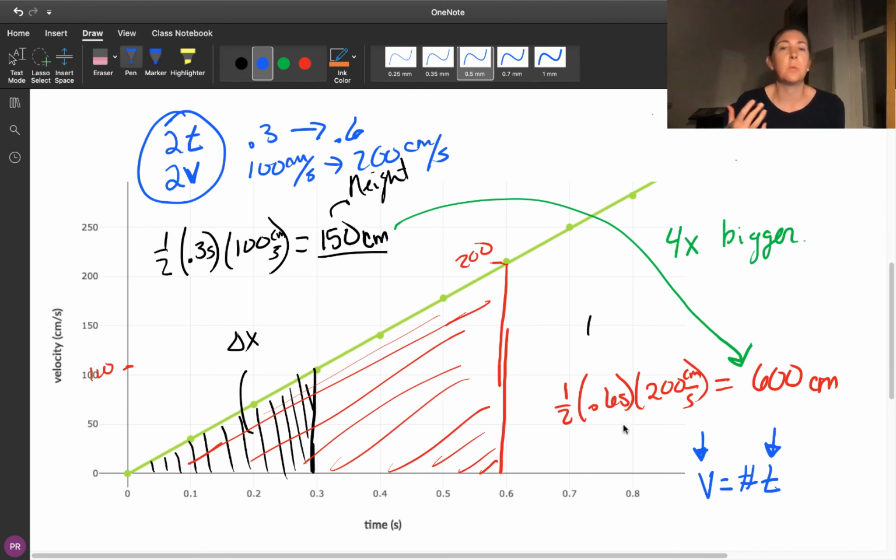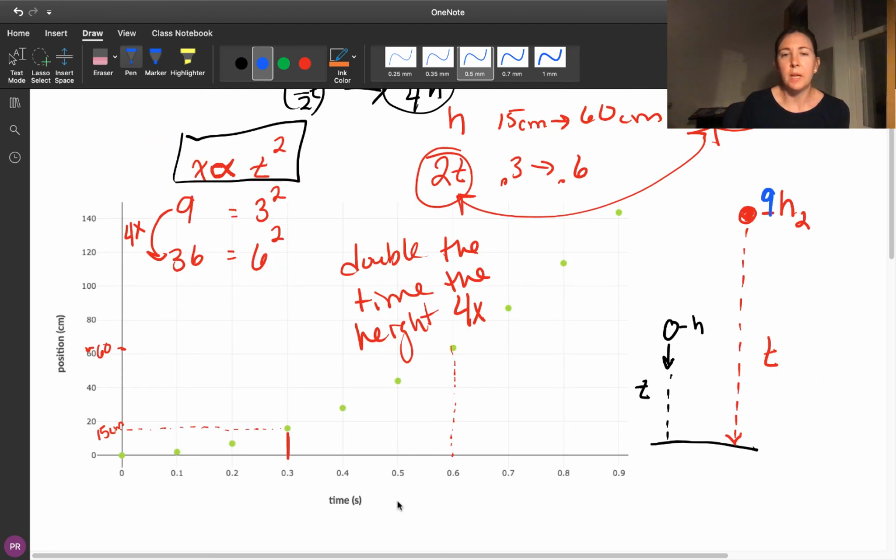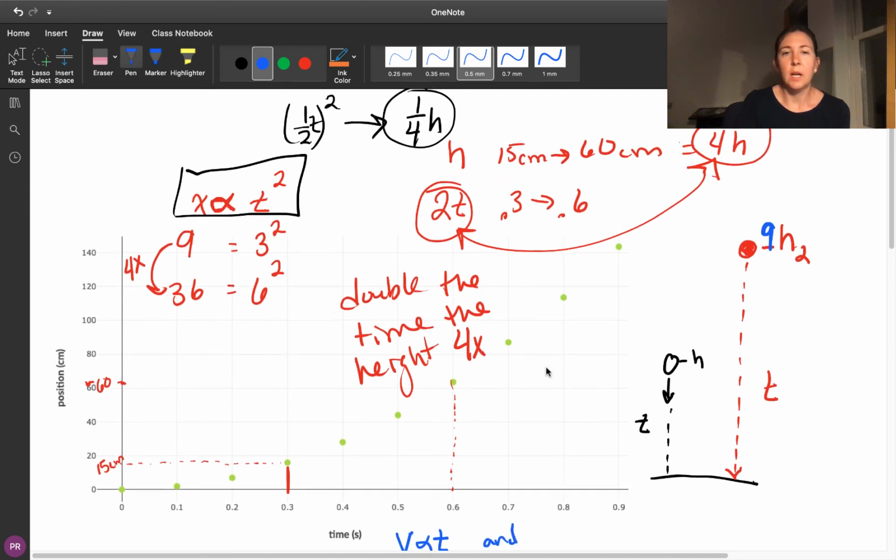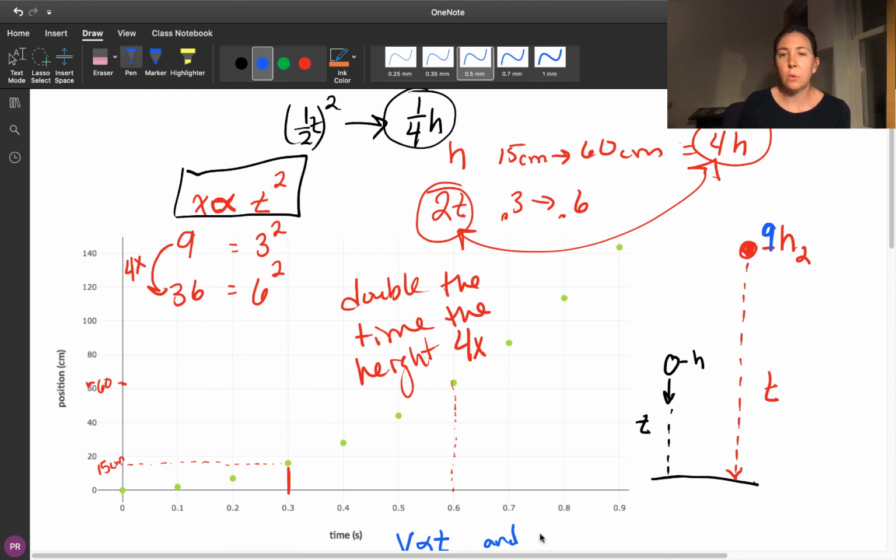That's what it means to be linear or directly proportional. If velocity goes as time and time squared goes as the height, then we can just substitute the velocity in here. This is sort of funky. The velocity squared goes as the height.